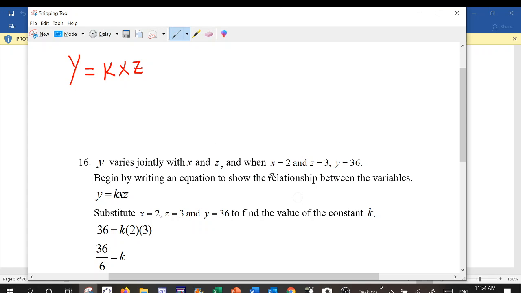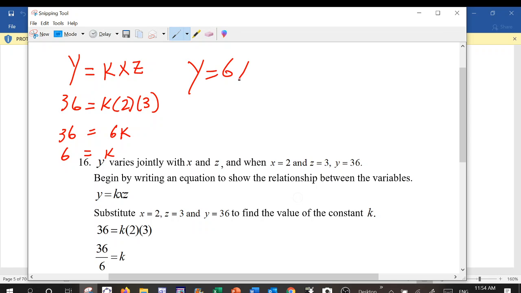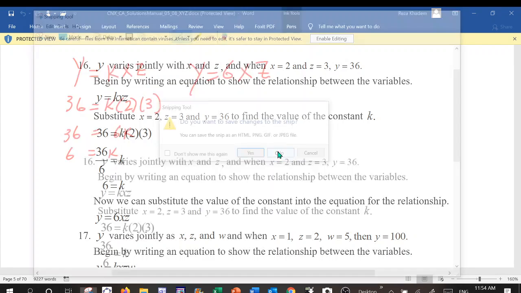Now we are told that when x is 2 and z is 3, y is 36. So that is 6k equals 36. So k equals 6. So this relationship is given by 6xz. Right? That's the idea.